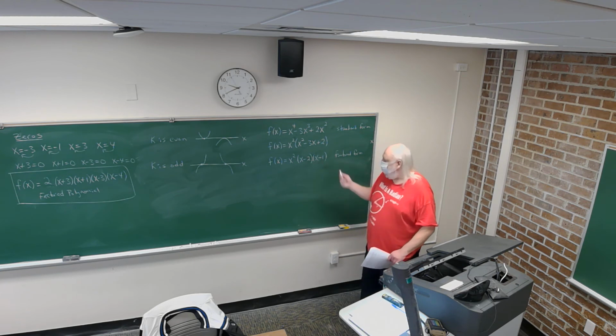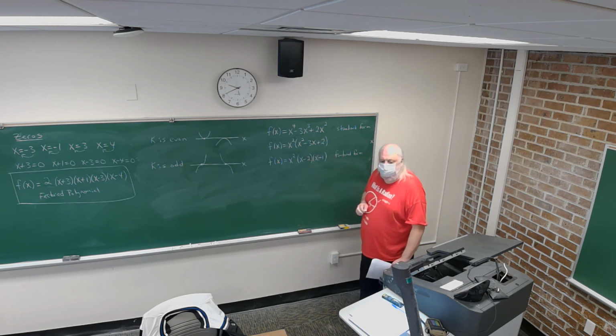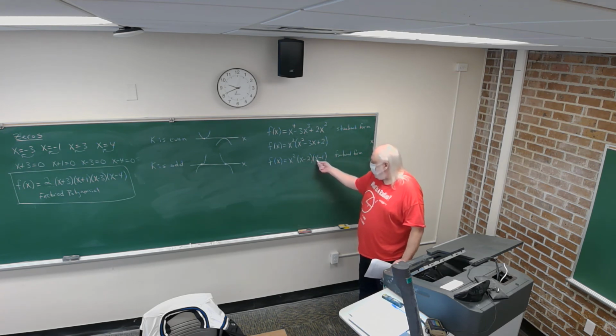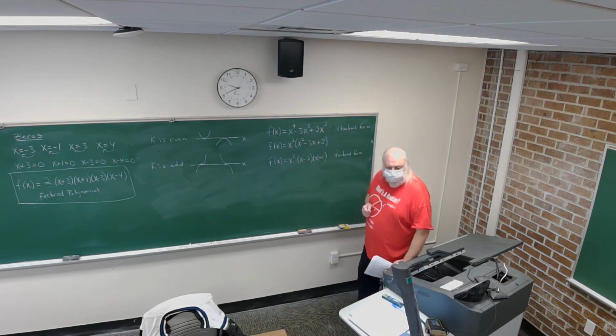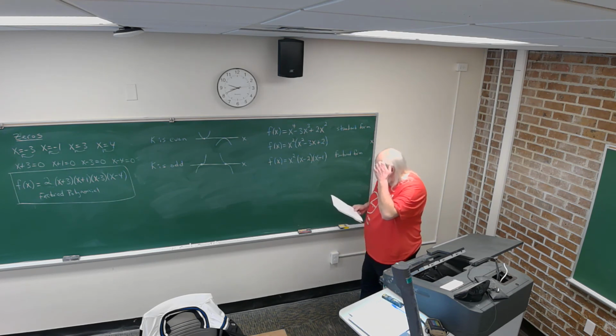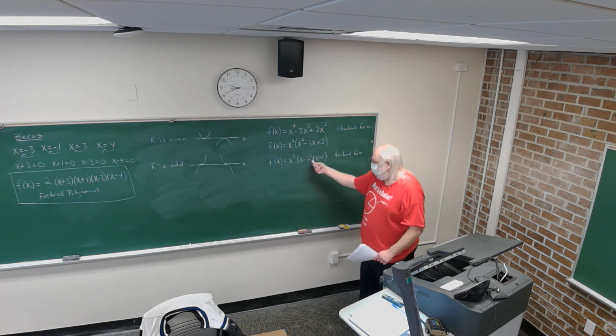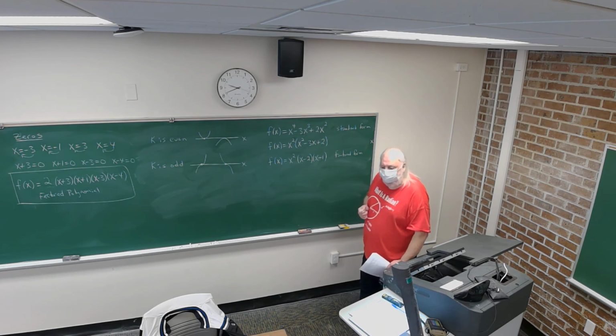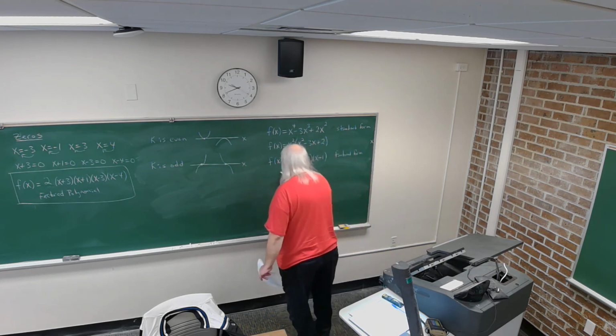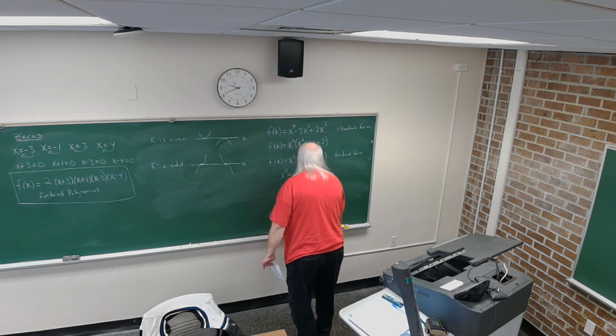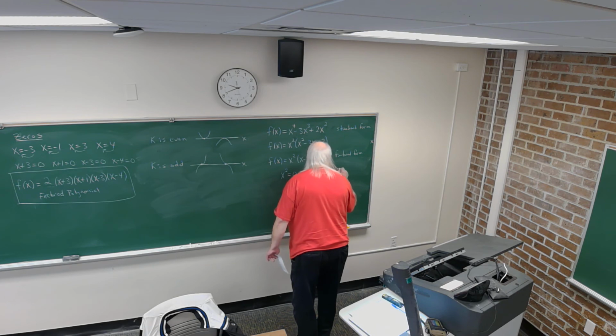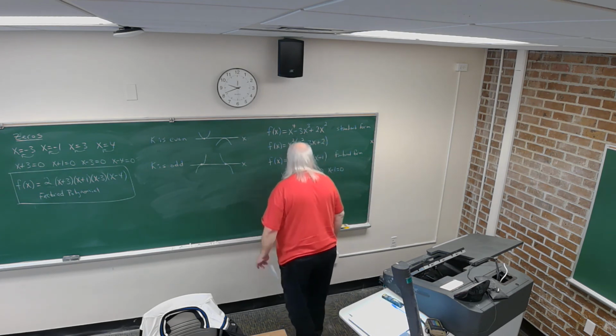Now, if I gave you this polynomial in factored form, you would know the leading term is x to the fourth, because x squared times x is x to the fourth. So now to find the zeros, we set each of these factors equal to 0 and solve for x. So we have x squared equals 0, x minus 2 equals 0, x minus 1 equals 0.